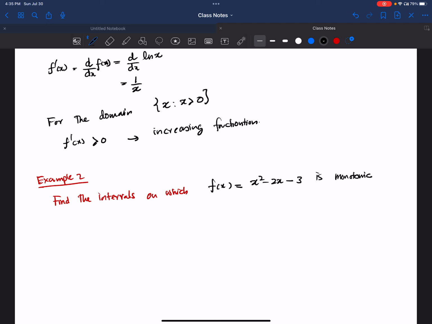Monotonic means whether it is increasing or decreasing, right?